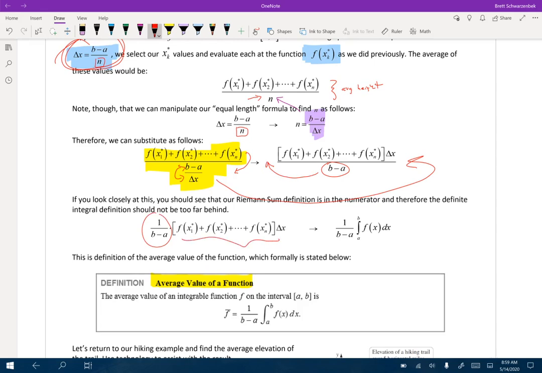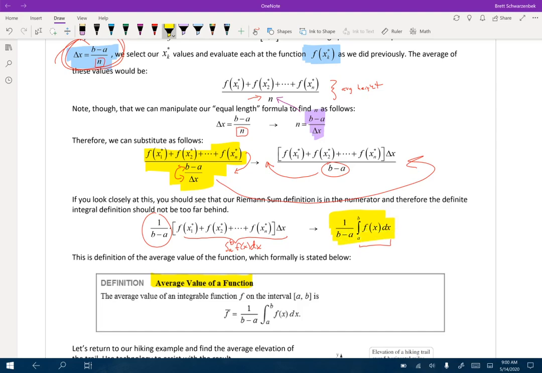But real quick, does everybody see that this is the Riemann sum calculation? And we learned that this is equivalent to the integral from a to b of f of x dx, which means we can replace it with that, and look what we end up with when we're done.